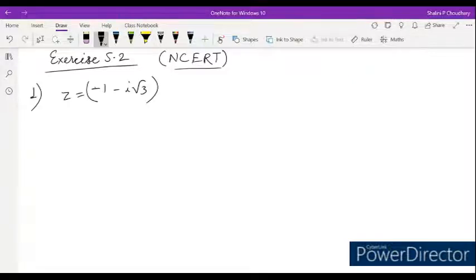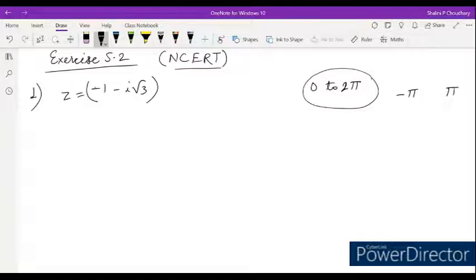First of all, you should know what is argument. Argument is when we are taking the angle in the range 0 to 2 pi. Basically we are taking 2 pi of range, but we can take the principal argument, that falls between minus pi to pi.